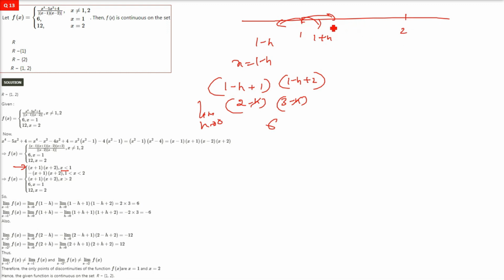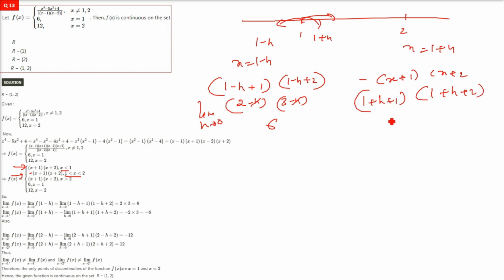Now in between 1 and 2. As I said, when you go above 1, you have to use 1 plus h, keeping in minus x plus 1 into x plus 2. Again, just replace x by 1 plus h. So you get 1 plus h plus 1, 1 plus h plus 2. So 2 plus h you get, and 3 plus h you get.